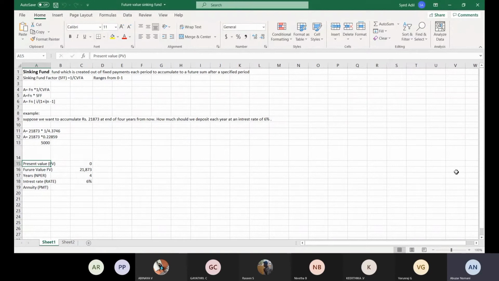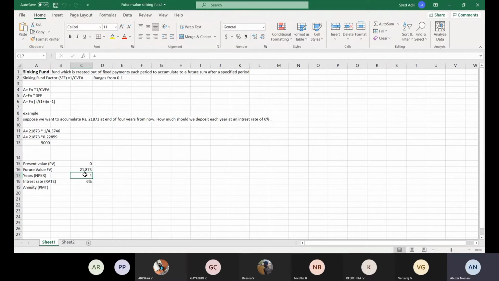I'm going to take this example. Suppose we want to accumulate 21,873 rupees, as you can see on the screen, at the end of 4 years from now.